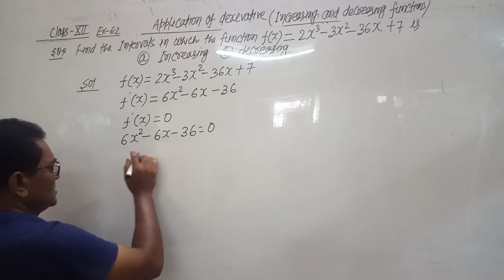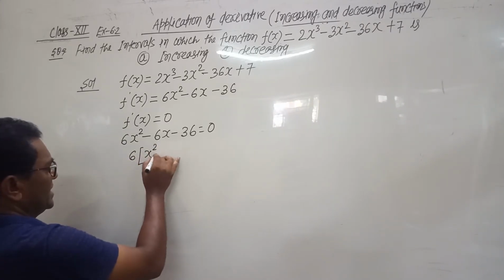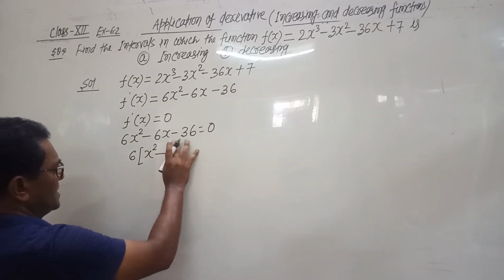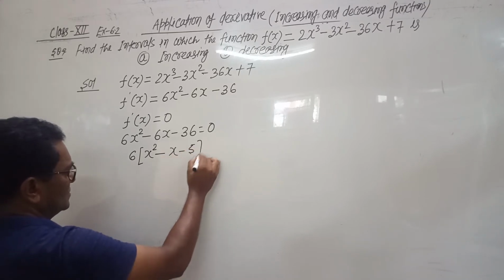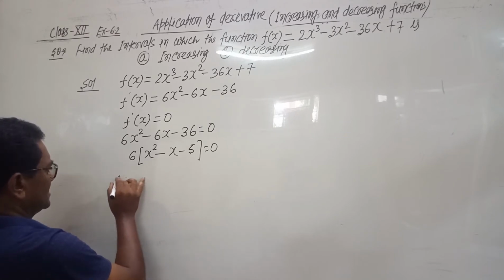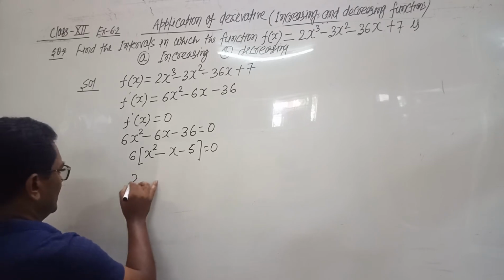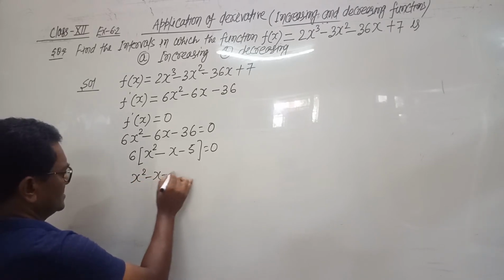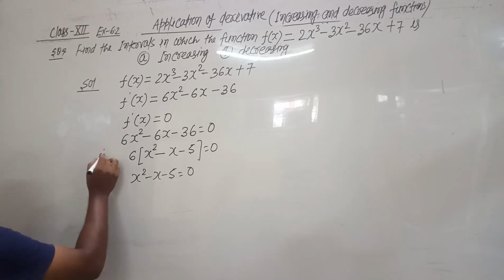From these terms 6 is common, and we get x^2 - x - 6 = 0. This is also f'(x).